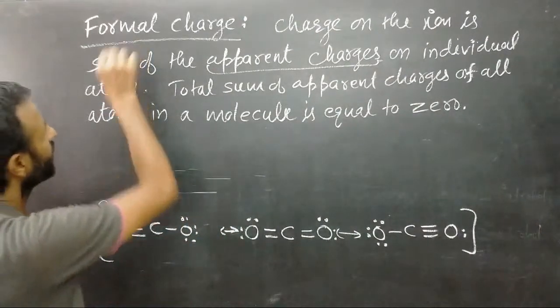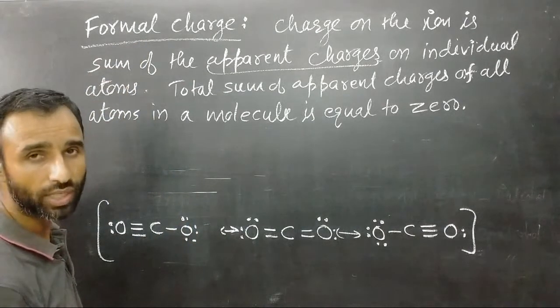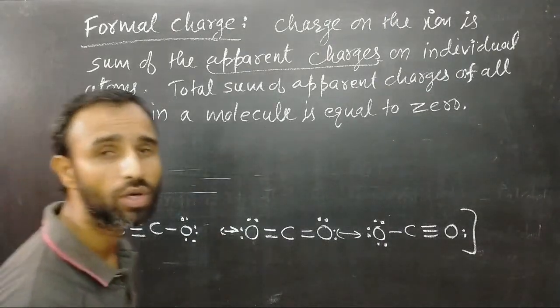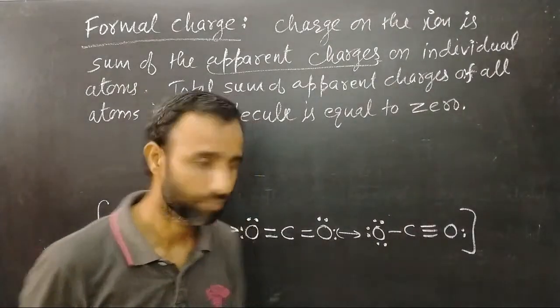That means formal charge is the charge on individual atom, okay, on the basis of covalent bonding.